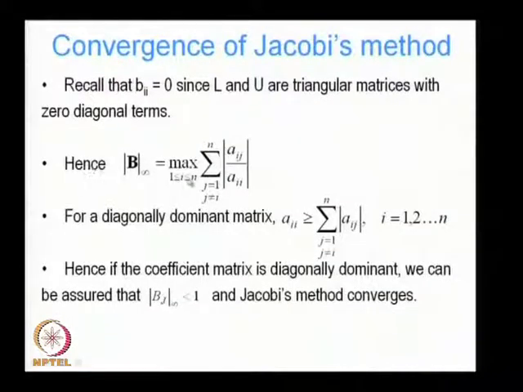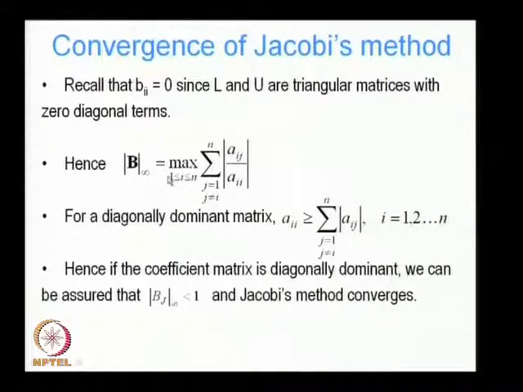So, I have mod of B infinity given by that. But for a diagonally dominant matrix, which we also defined earlier, each diagonal term is greater than the sum of the absolute values of all the off diagonal terms. So, this is the definition of a diagonally dominant matrix.